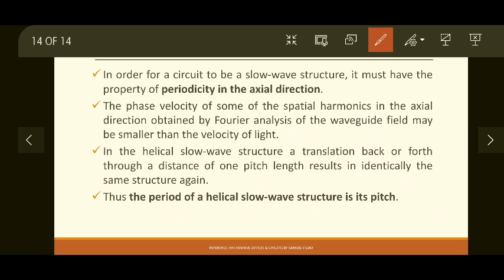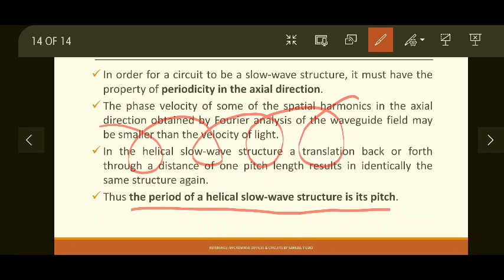But for this helical slow wave structure, translation back or forth through a distance of one pitch length results in the identical structure again. Because of this helical periodicity, the wave is continuously slowed down at a constant rate, and thus the period of a helical structure is its pitch.